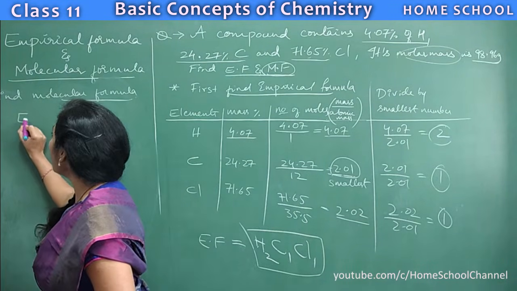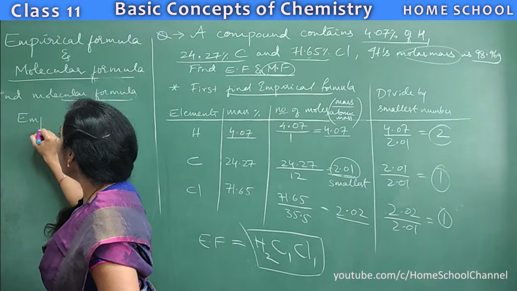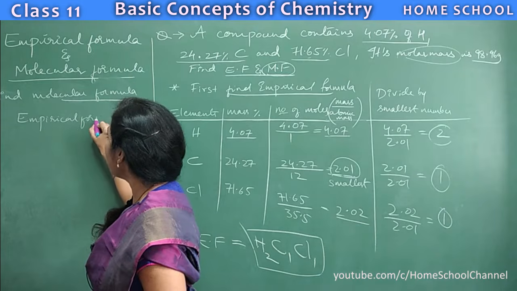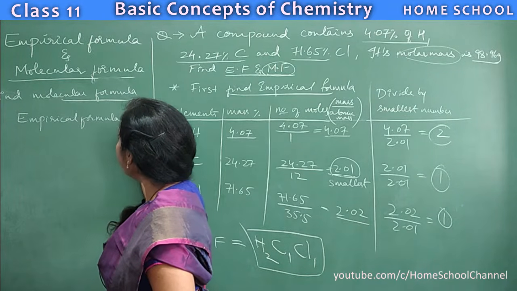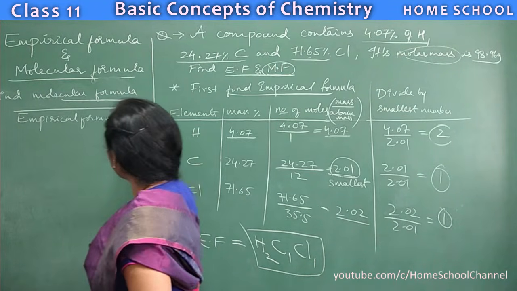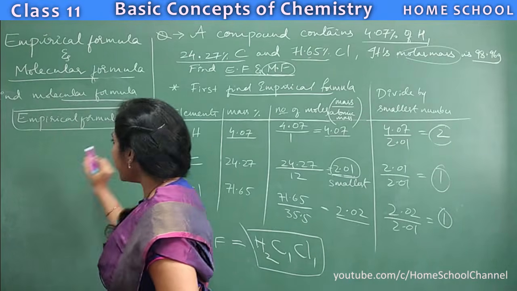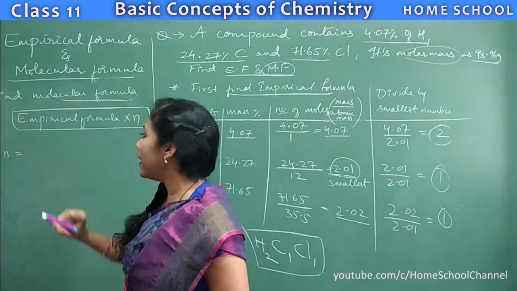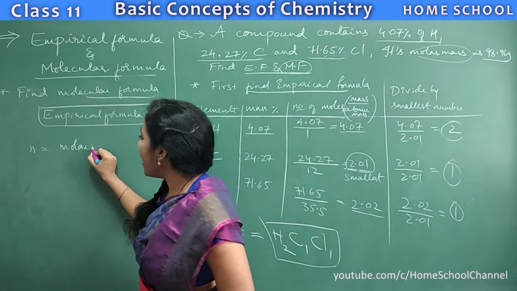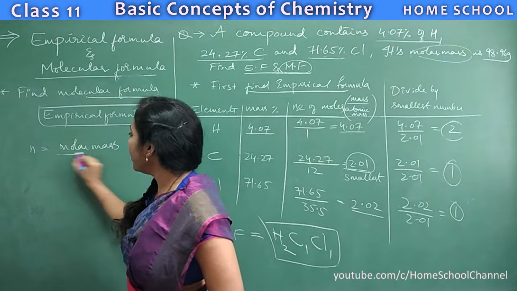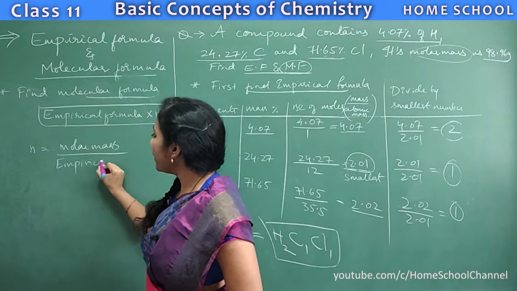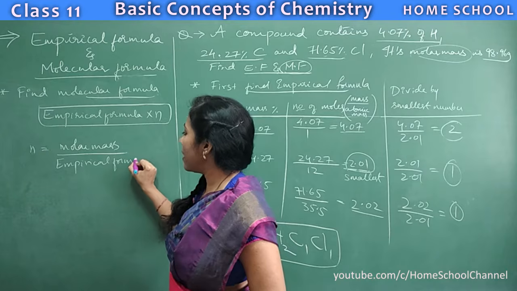What you need to do is empirical formula into n. So what is this n? n can be calculated again with a small formula, that is molar mass divided by empirical formula mass.